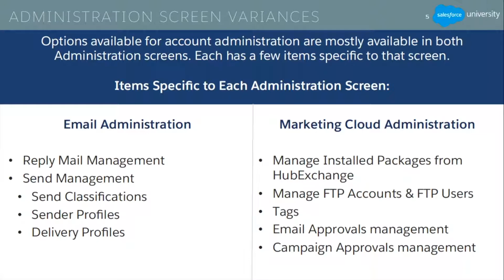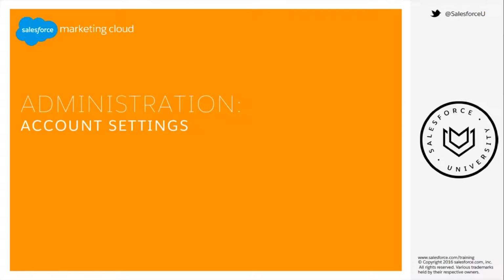It's also through there that we can manage FTP accounts and FTP users. We'll talk about that in more detail as well today. And then we can also manage tags that have been used across campaigns. We can also turn on email approvals management and campaign approvals management. We're not going to talk about approvals much today, but this is certainly the interface where we can turn those on in the Marketing Cloud.